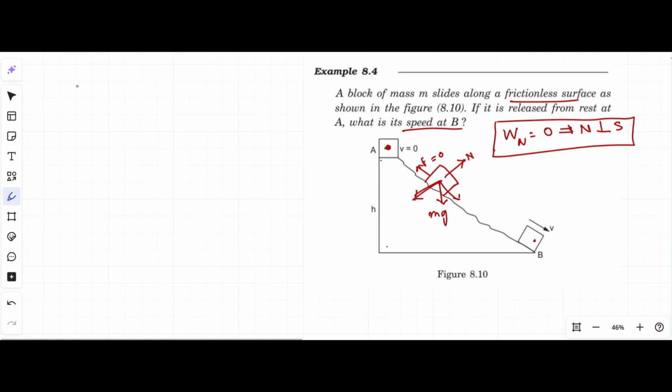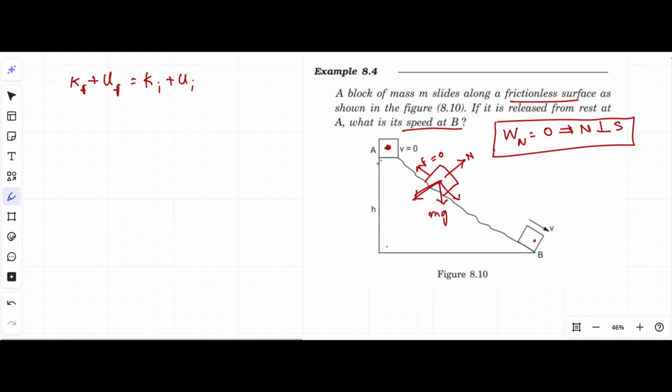Mechanical energy is conserved means kinetic energy final plus potential energy final is equal to kinetic energy initial plus potential energy initial. Now here kinetic energy final will be something because it will have certain velocity when it reaches down. But what will actually happen to potential energy when it reaches down?